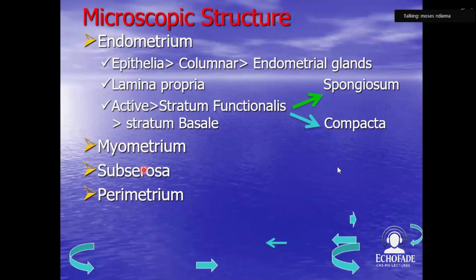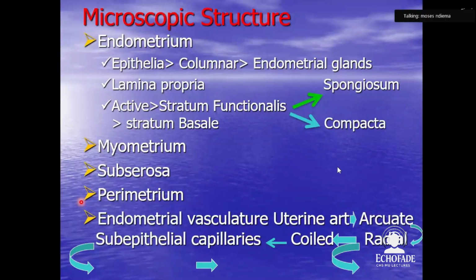And then the outer part is what we refer to as the perimetrium. Remember, peri is the outer, metra pertaining to the uterus. How is the blood supplied to this particular organ?